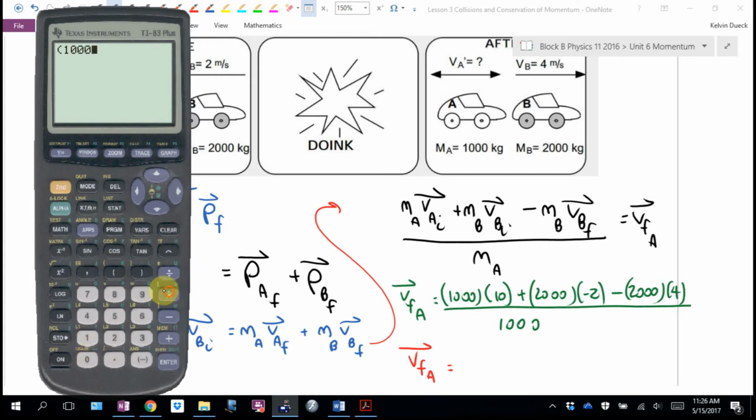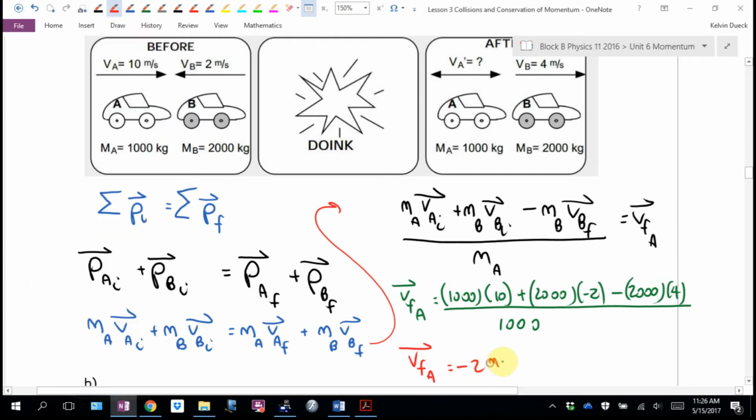Don't need brackets around the bottom. You get -2? Or am I wrong? Or 2 meters per second left.